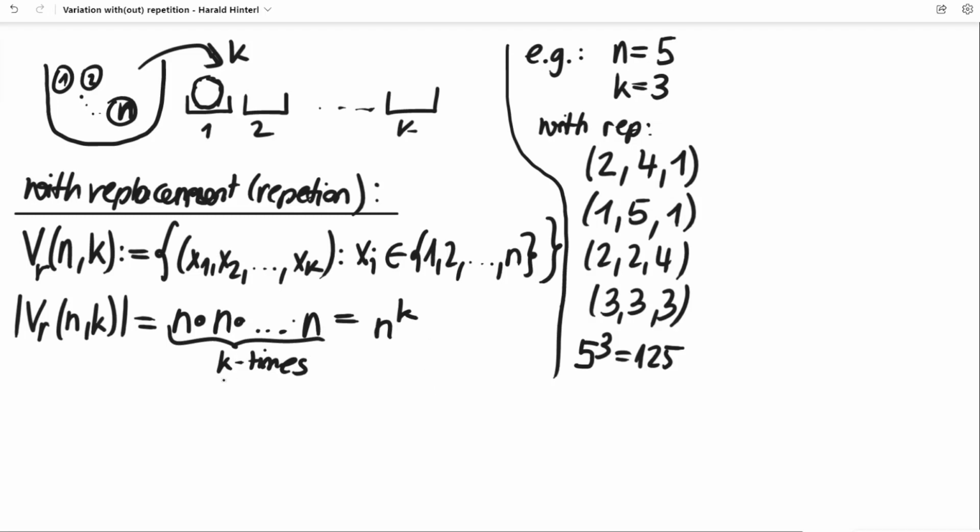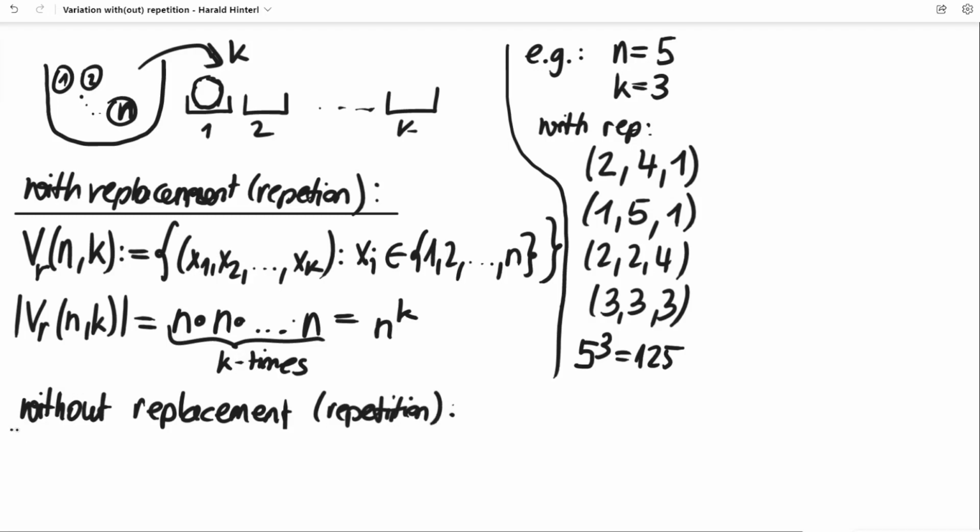So the second case we have to consider is without replacement or without repetition. So this means you take out the ball and you keep it outside. The drawn balls remain outside.